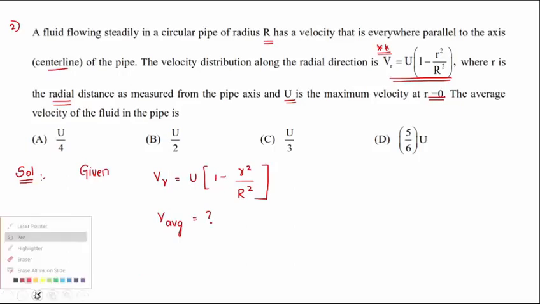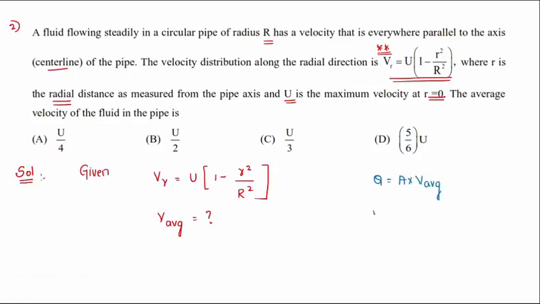See, when I talk about average velocity, it is defined with one formula, Q is equal to A into V, right? That is, V average is equal to Q by A. So by taking this formula, I can write Q is equal to V into some smaller area dA, because it is at a radial position, a smaller velocity as well as a smaller area.